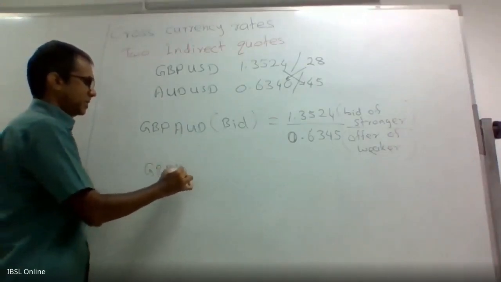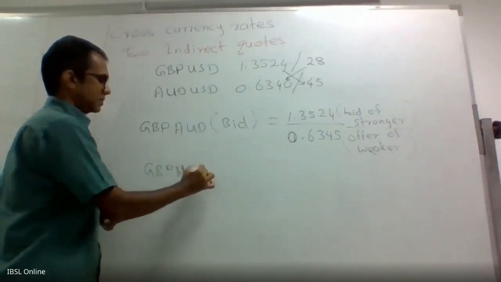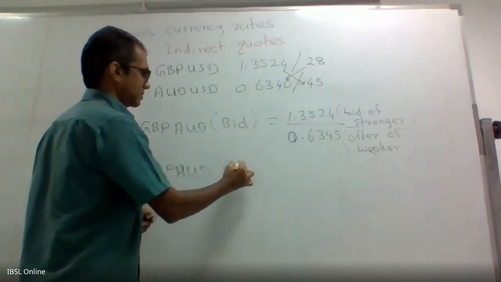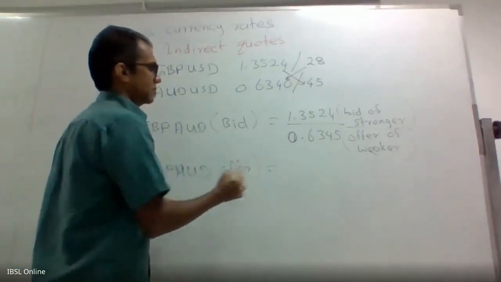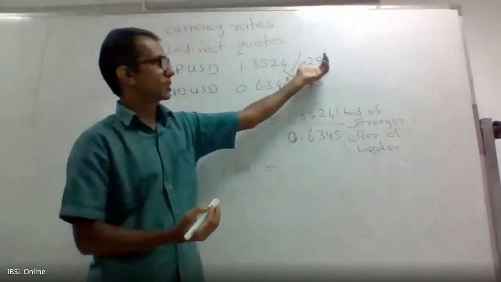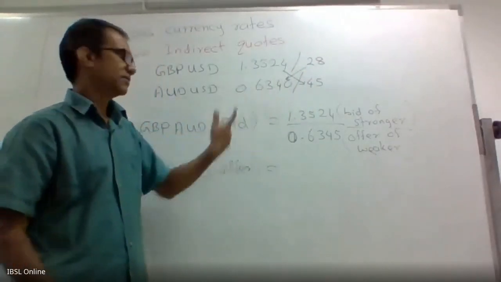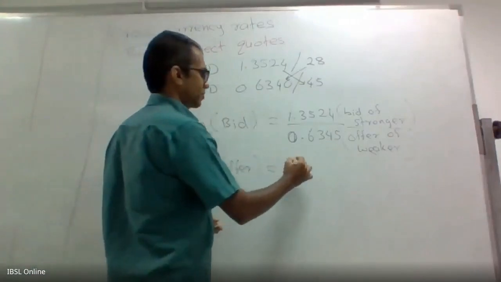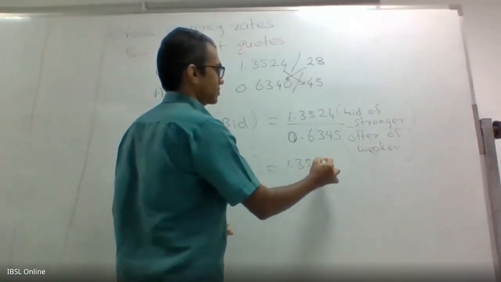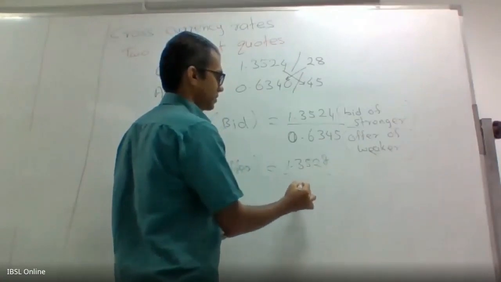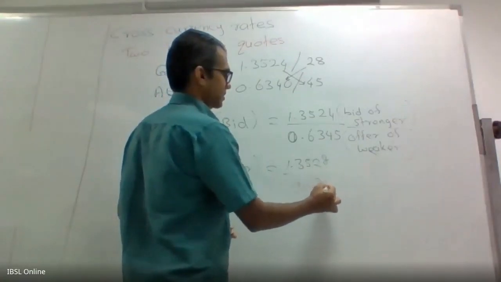Then what is the GBP/AUD offer rate? Offer of the stronger currency divided by the bid of the weaker currency. 1.3528 divided by 0.634.